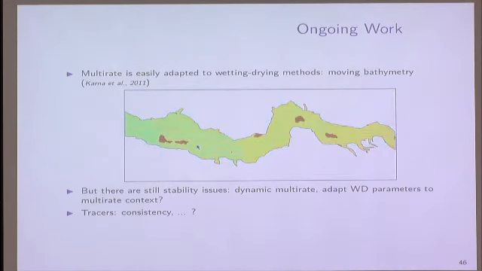It was a method proposed and implemented by Tuomas Kärnä from our group. But there are still stability issues, and the parameters that were chosen for the original method should be different, I think, in the multi-rate context. We could also use dynamic multi-rate to solve this, because maybe some things change too fast.